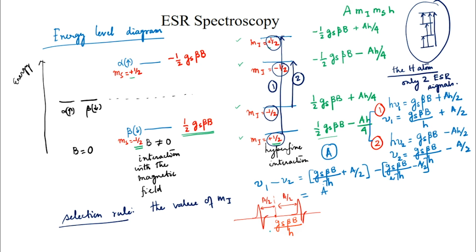In other words, the difference from one peak to another peak is A.